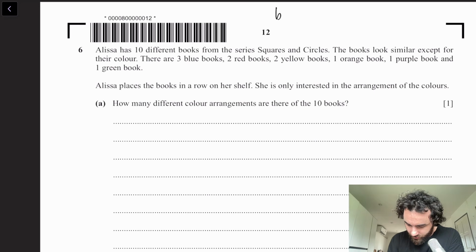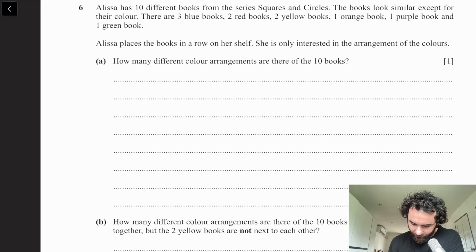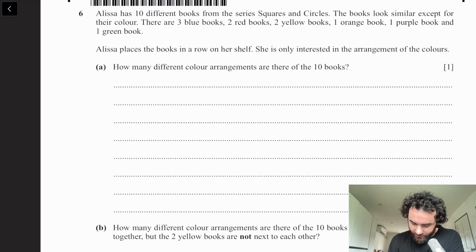So we have 3 blue books, 2 red books, 2 yellow books, 1 orange book, 1 purple book, and 1 green book. Elisa places the books in a row on a shelf. She is only interested in the arrangement of the colors. How many different color arrangements are there of the 10 books?